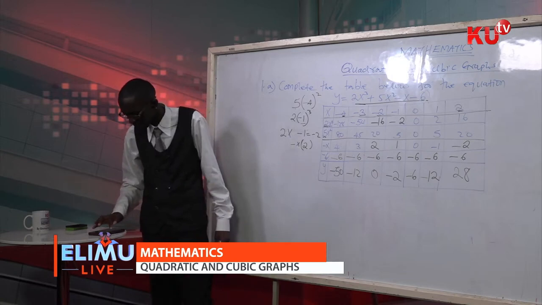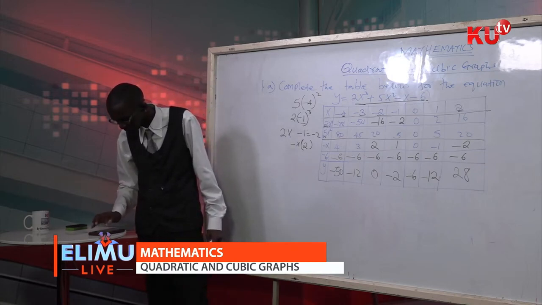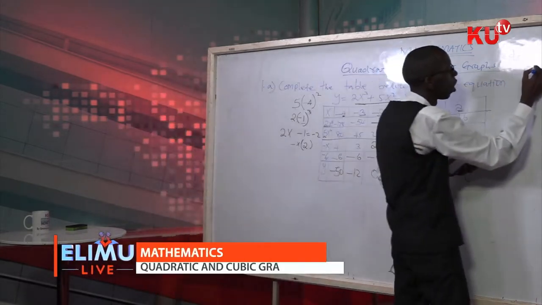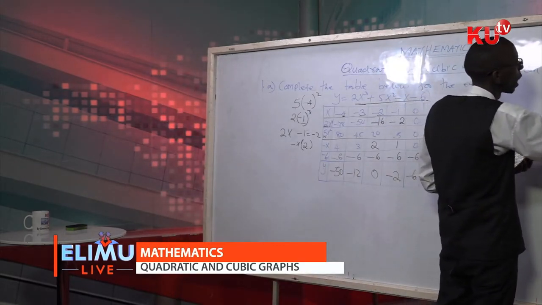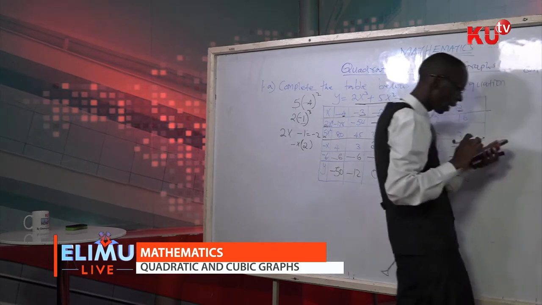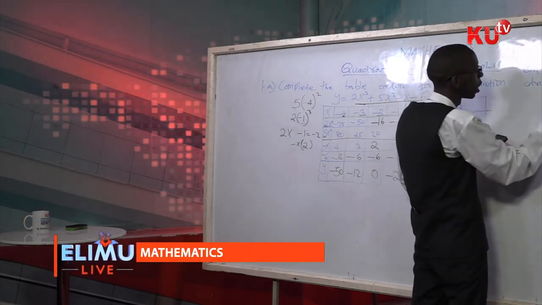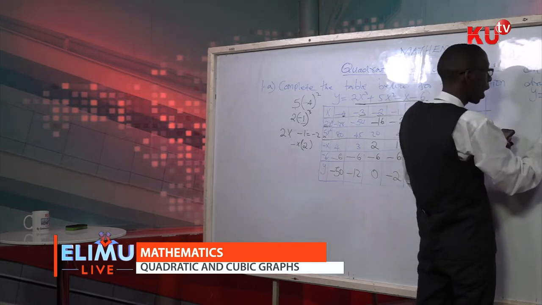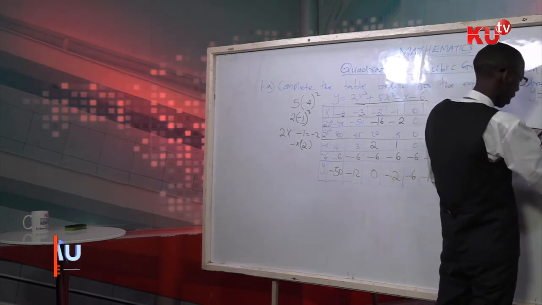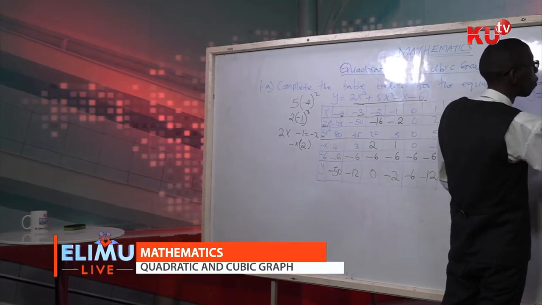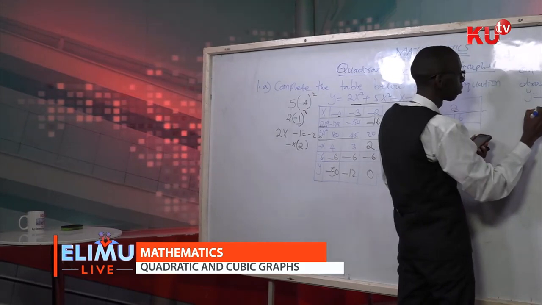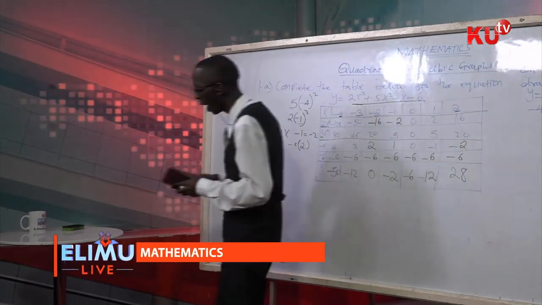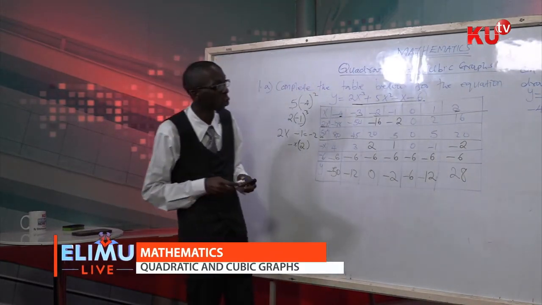Now, after getting the values of y, which is question part A, let us move on to question part B. Question part B is saying, on the grid provided, you have your graph book, which is the grid provided, draw the graph of y equals 2x cubed plus 5x squared minus x minus 6 for the values of x ranging from negative 4 to 2.